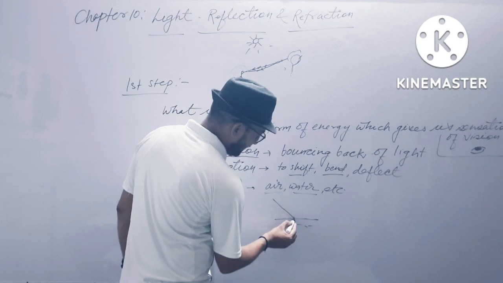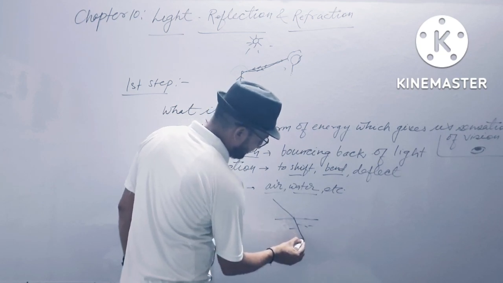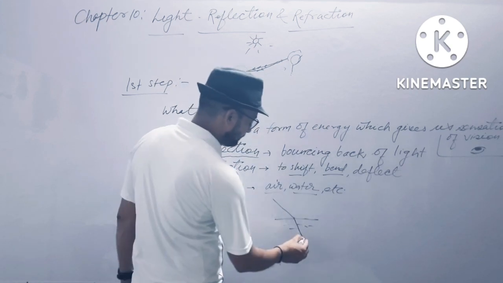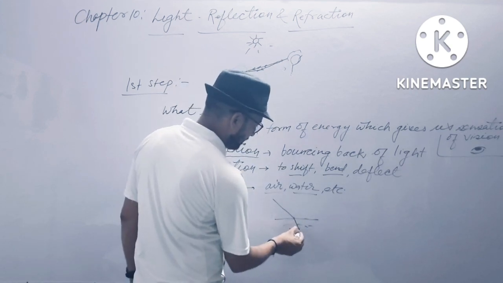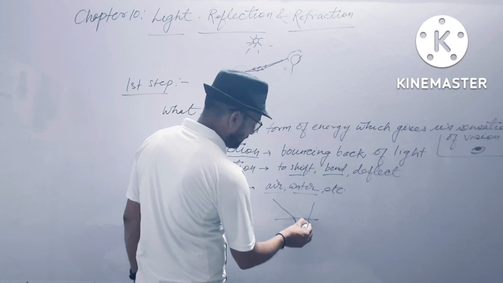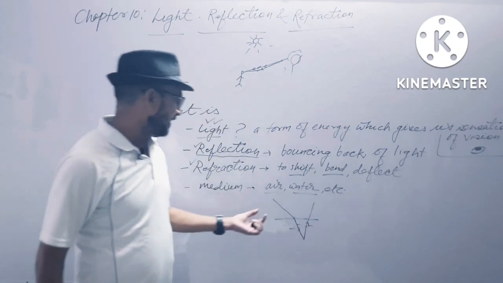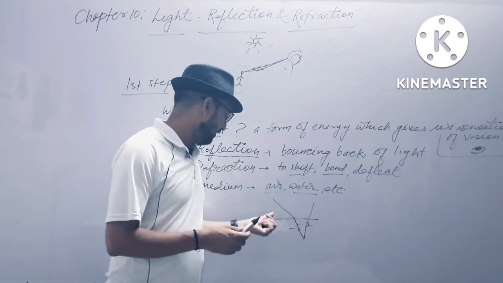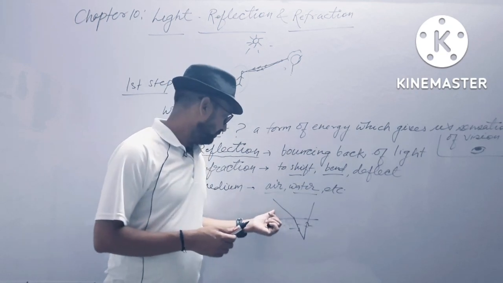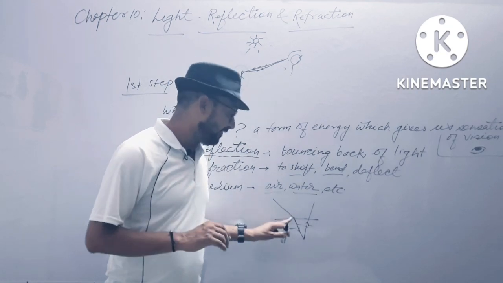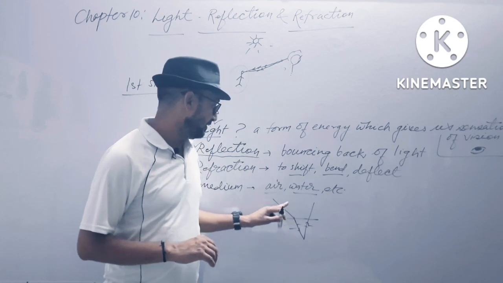Then it will seem like it has a bend like this. You will see in the water that the light will appear having a bend, a twist.